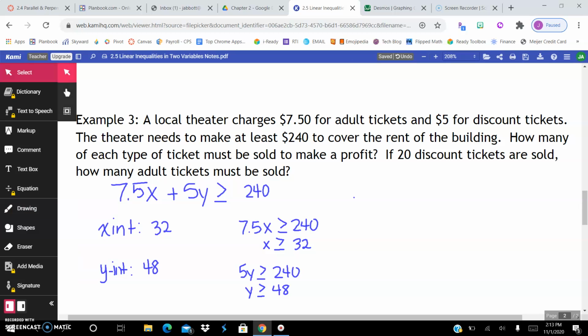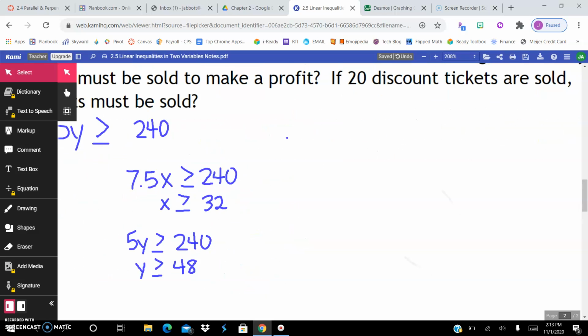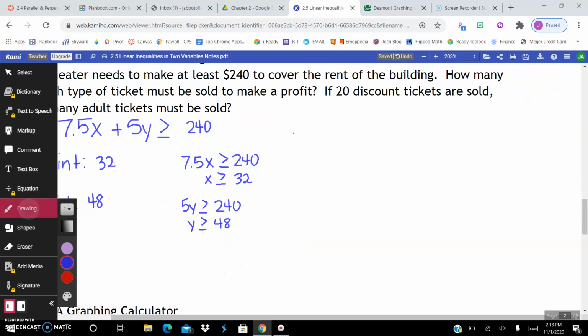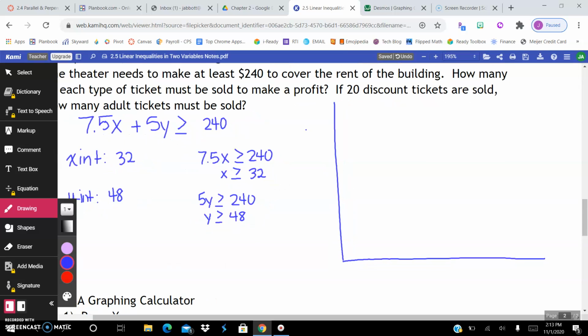So if you think about this, our number of tickets, x and y, we can't have negatives. So we're going to have to make a graph that's just in quadrant 1 because it all has to be positive. So our x-intercept is 32.